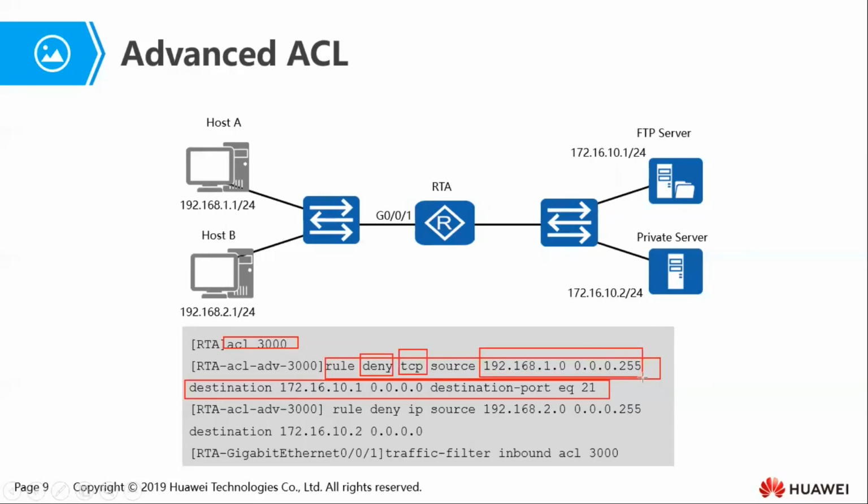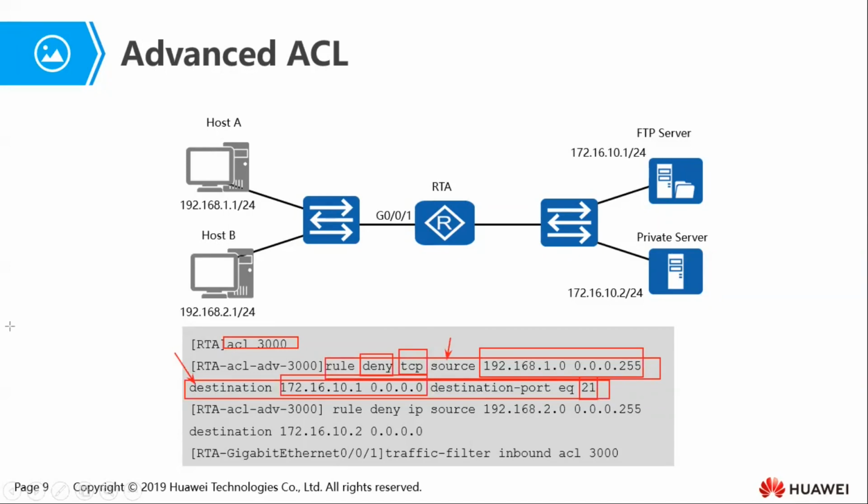If the source address is coming from this network and the destination is this. So here we are using the source and the destination. If it's coming from that guy and going to this guy, then deny it. And you're also looking at the port. Via the destination port 21. We know port 21 is for FTP.